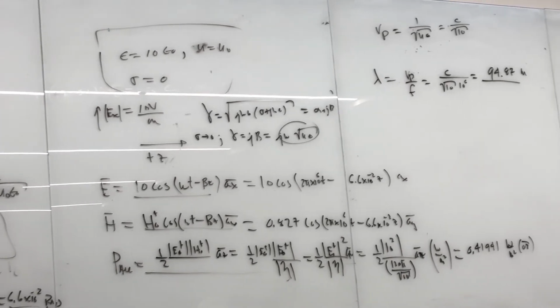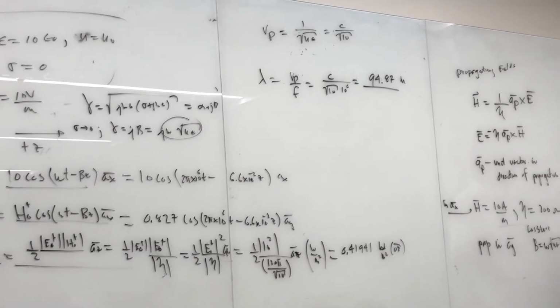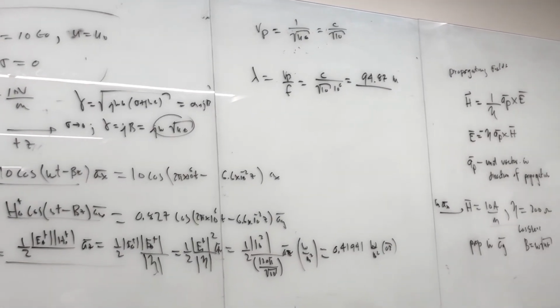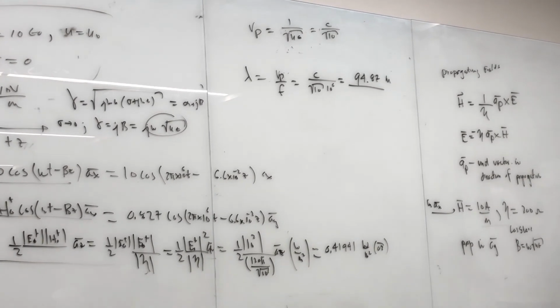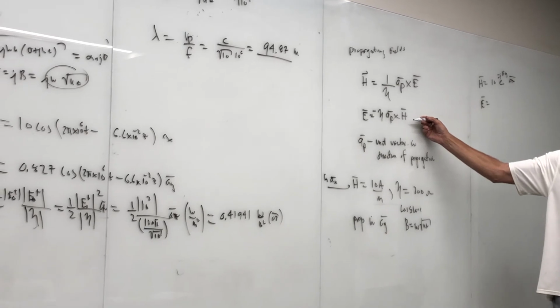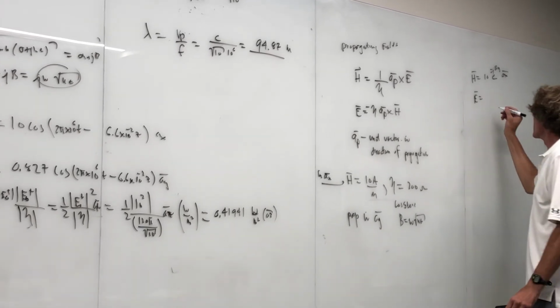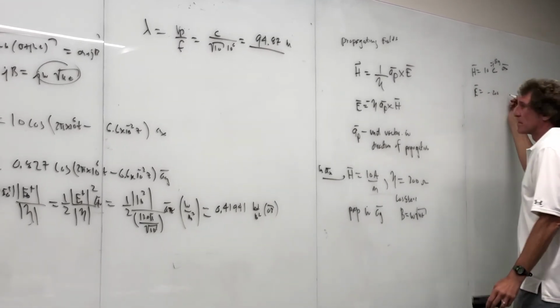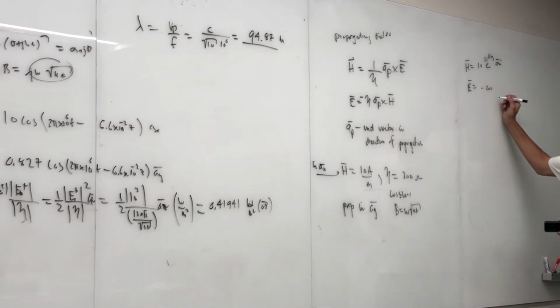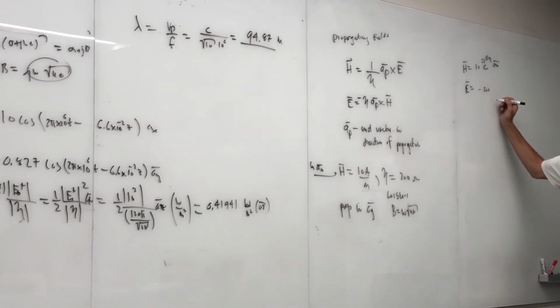So how do I get the E field? Just take a look at that. Can you read that? It's minus eta, right? So it's minus 200. What's the unit vector in the direction of propagation?